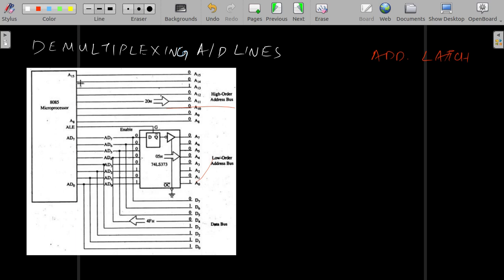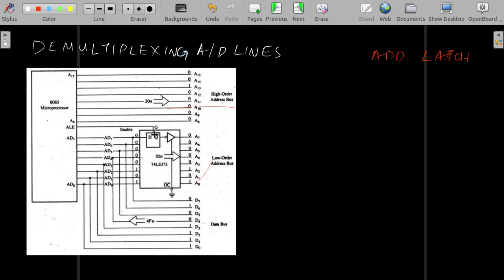So obviously there is no change here. During the first clock cycle, the lower order of the addresses come here and are reflected here, and just as the second clock cycle comes, ALE is made 0, that is the address latch is activated.